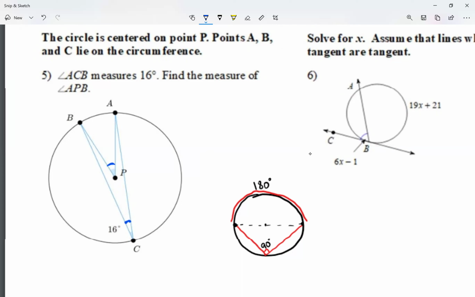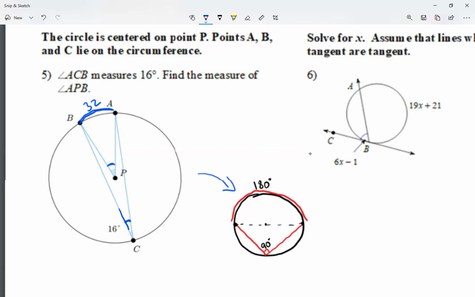Now, remember how I said the angle times 2, and I'm looking at the example that I just did before. Remember how I said the angle times 2 is equal to the arc that it creates? So I'm going to say 16 times 2, because I'm looking at my angle, 16 degrees. 16 times 2, I know is 32. So the arc AB is 32.